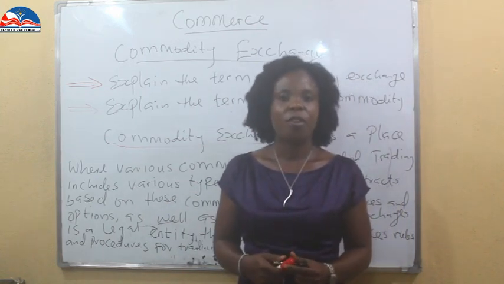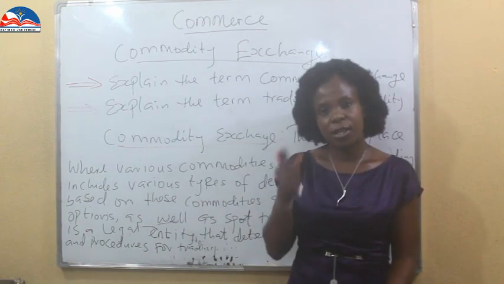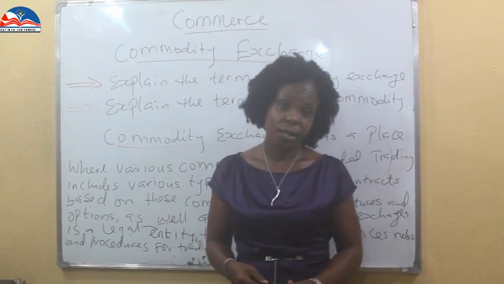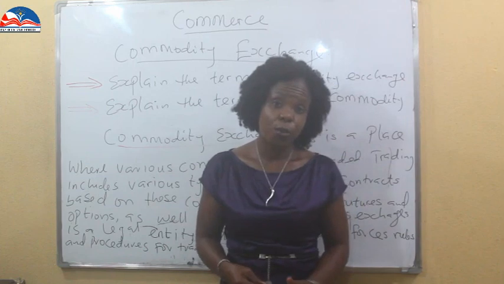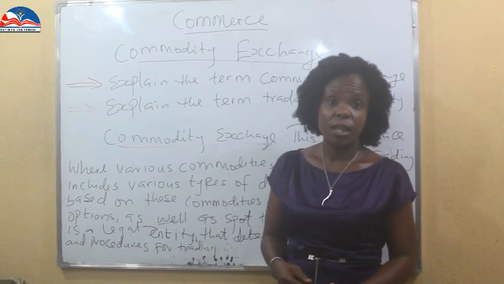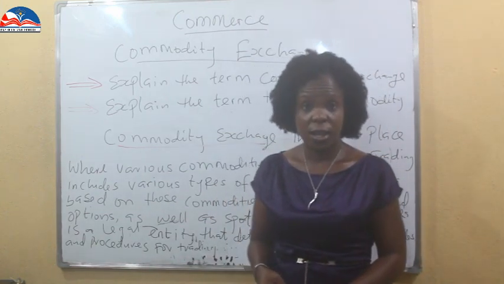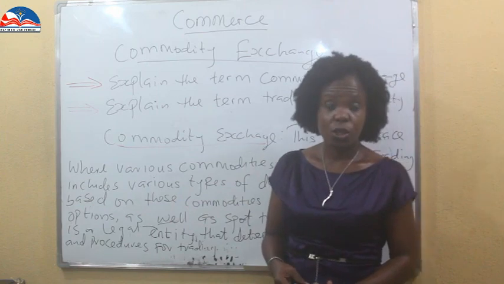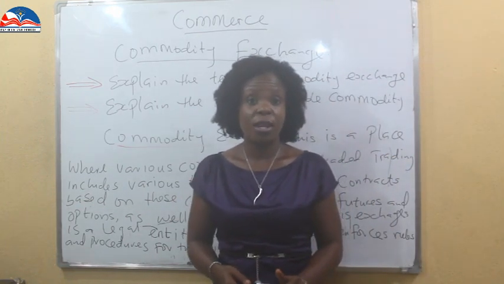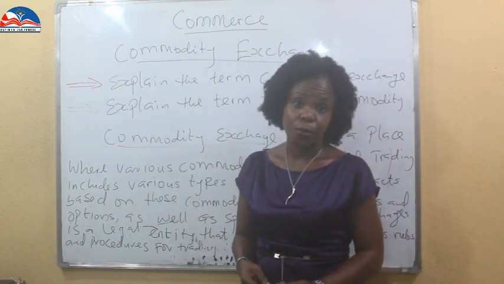Different individuals from different parts of the world can come together via this exchange, via this platform, to trade commodities. And so anytime you hear the word commodity exchange, just know that it's a platform that brings traders together, that regulates trading activity in the platform, that lists out tradable commodities that can be traded on their platform.